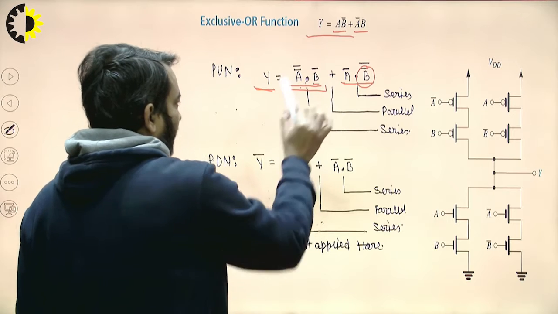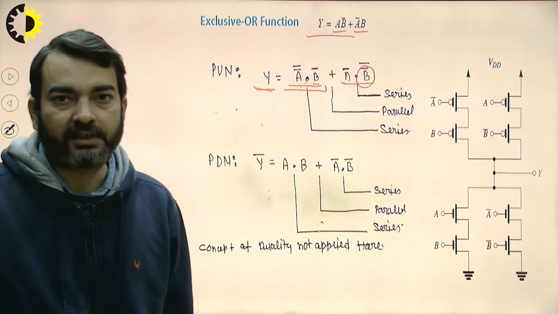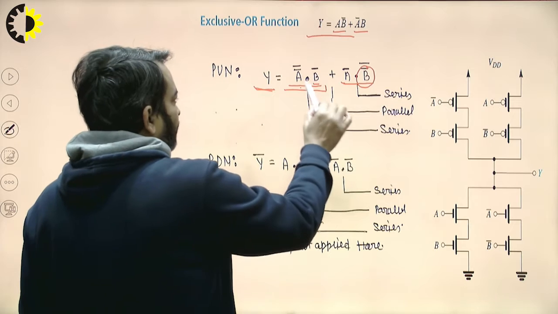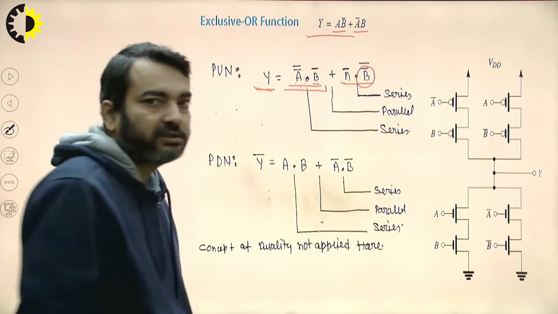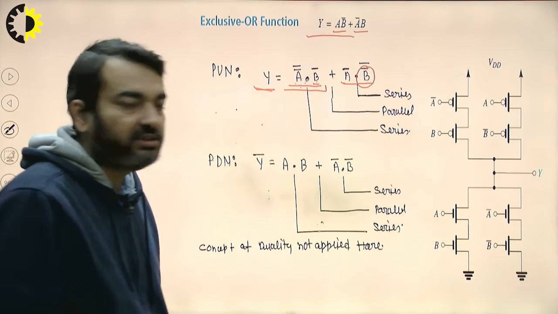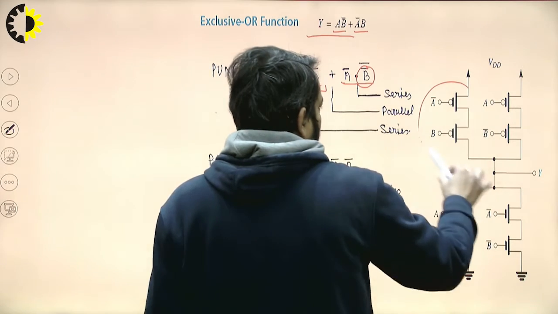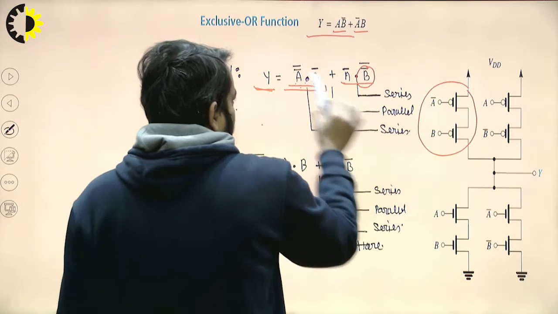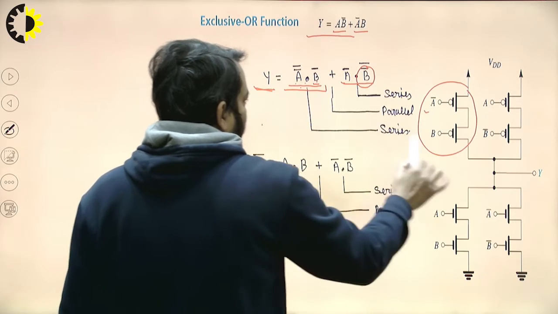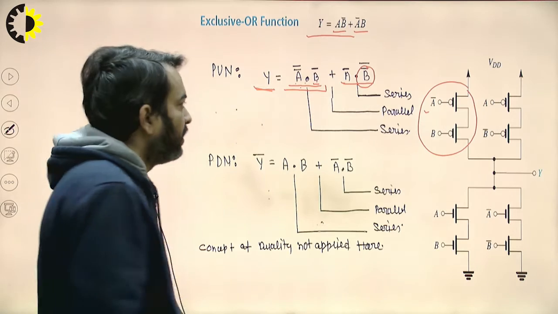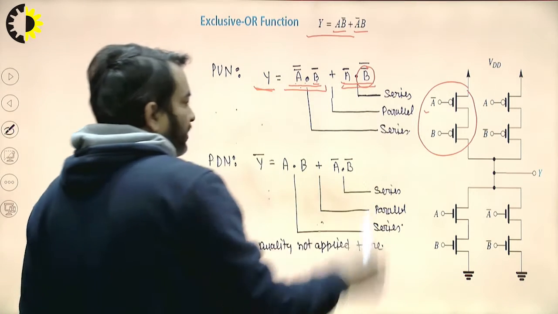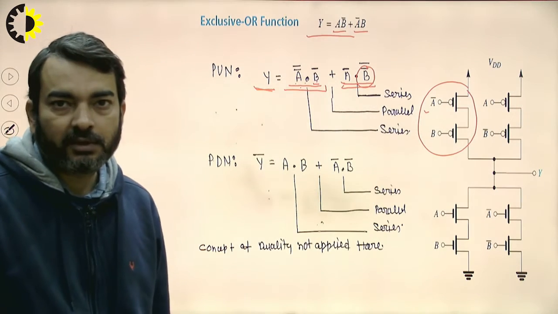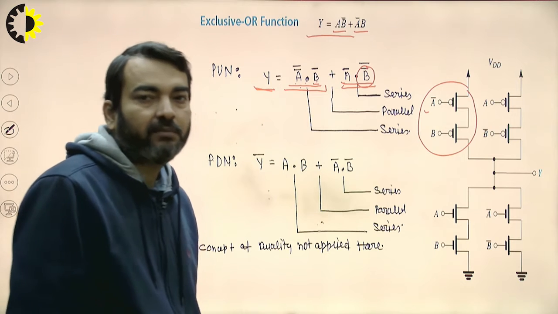Here this is ANDing, and ANDing means series connection. So we have to use two PMOS both in series. This is the structure. Here the first input is A bar and the second input is B. Similarly, we will have the second term, that is A bar dot B double bar.